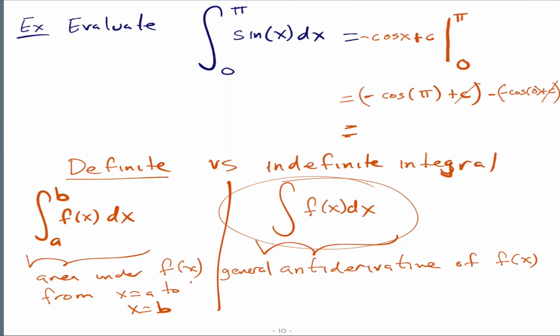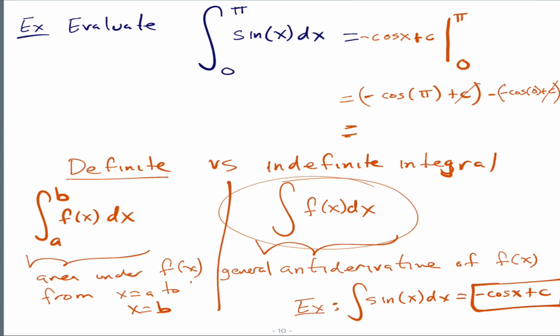So for example, what's the integral of sine of x dx? That's minus cosine x plus c. And then that's it. You're done. There's no b minus a business. It's just the antiderivative, and then you're done. Does that make sense?